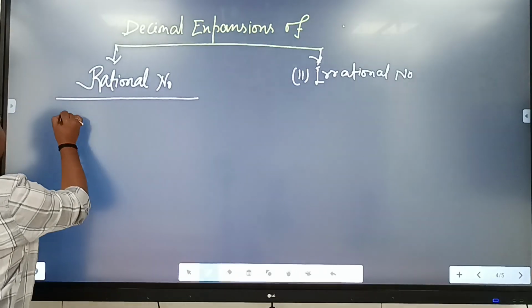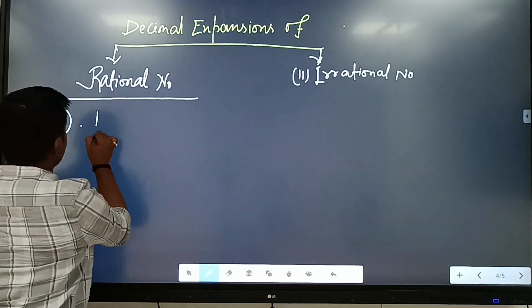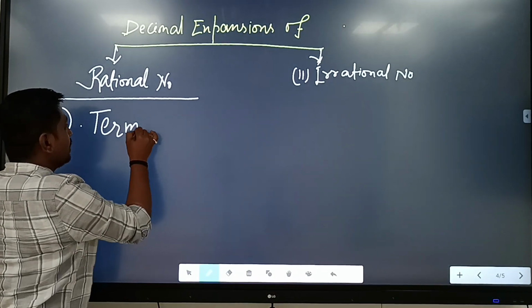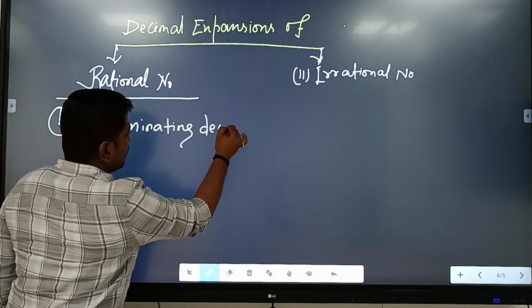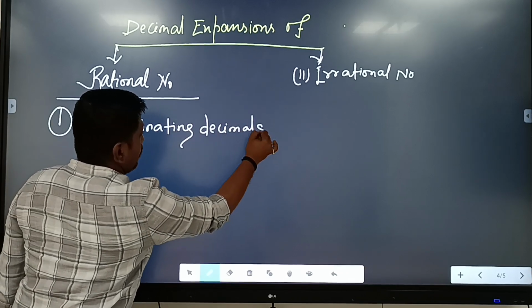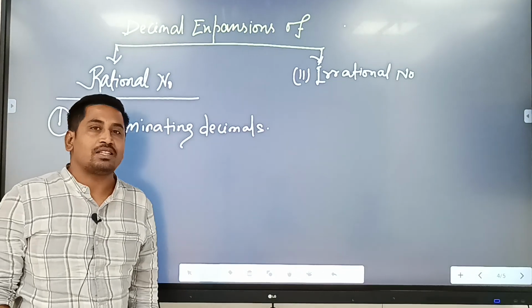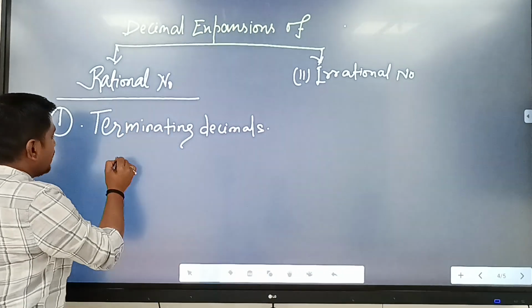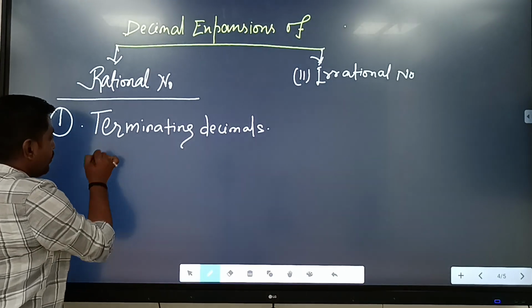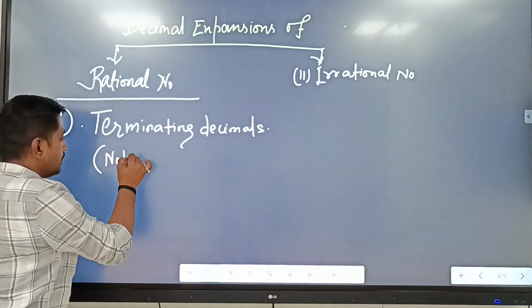The first one is terminating decimals. So which kind of fractions has the terminating decimals? We will write it in notes.